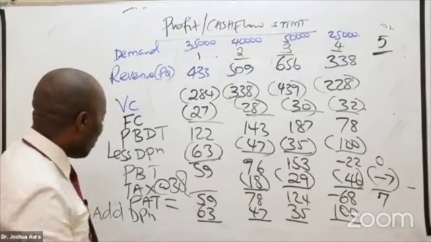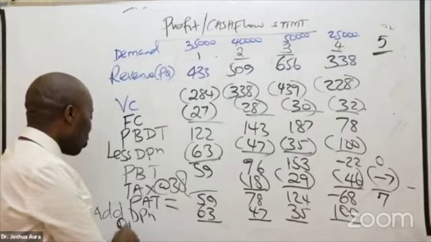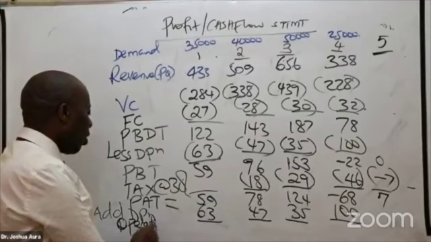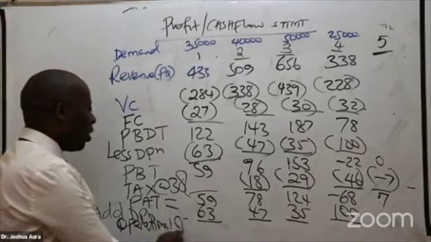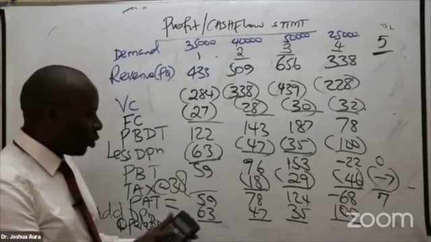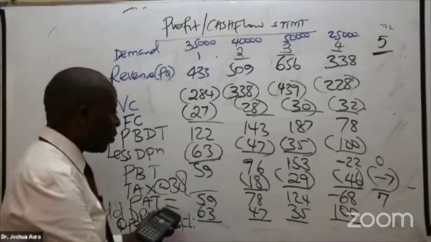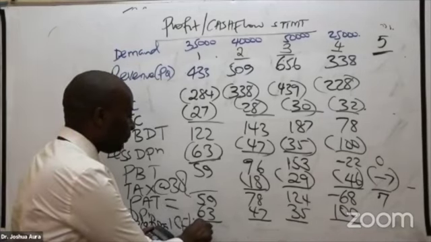So what do we have? Whatever we'll be having here will be called operational cash flow. So operational cash flow, we have 59 plus 63, which gives us 122.